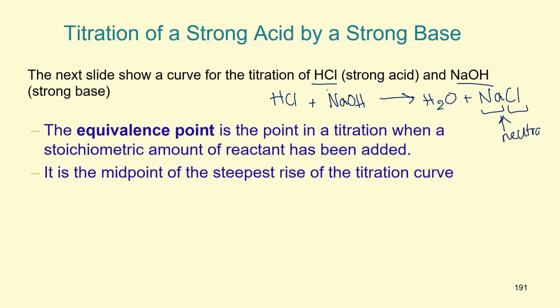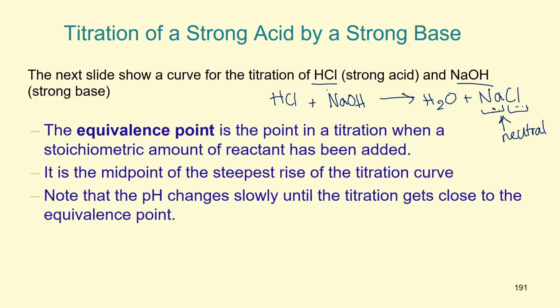So our endpoint will be at pH 7, because the only salt around comes from a strong acid and strong base, so it's neutral. At the equivalence point, the moles of acid equal the moles of base. The equivalence point is found by looking for the midpoint of the steepest rise, which you'll see in a minute. The pH changes slowly until it gets close to the endpoint, and then it changes very quickly.